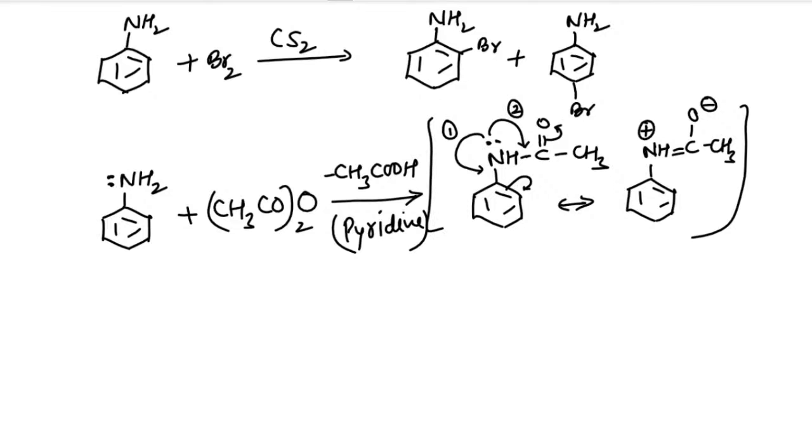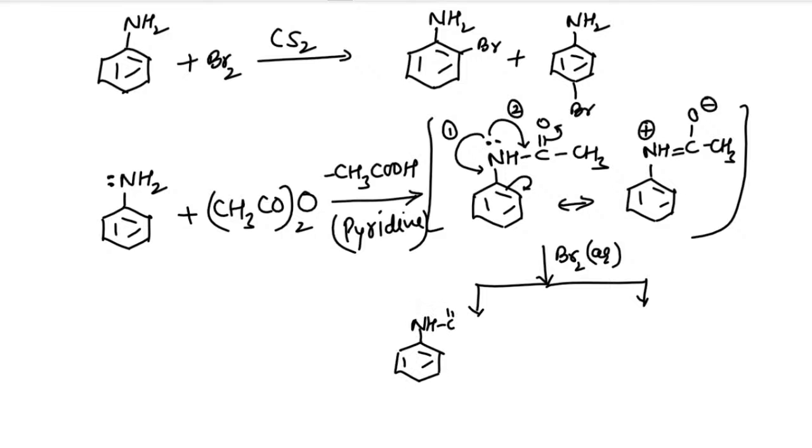And now if we do the bromination, even in aqueous solution, we will get either the ortho or para product. Obviously, the para product is the major one because of steric hindrance at the ortho position.